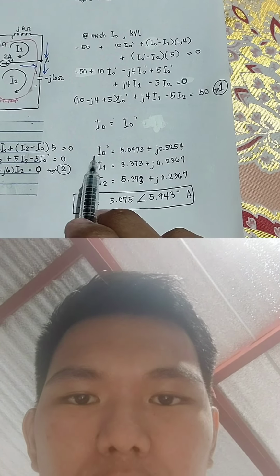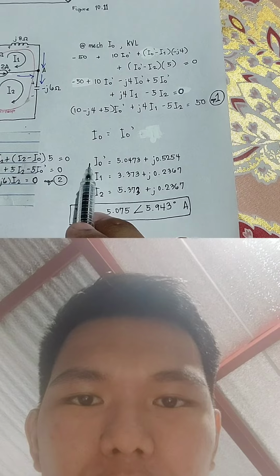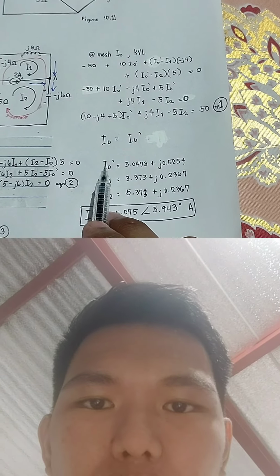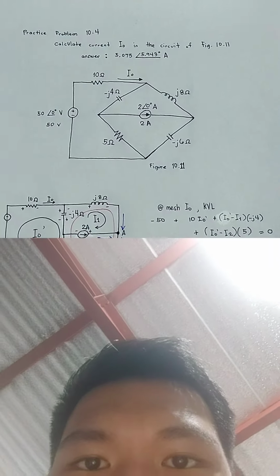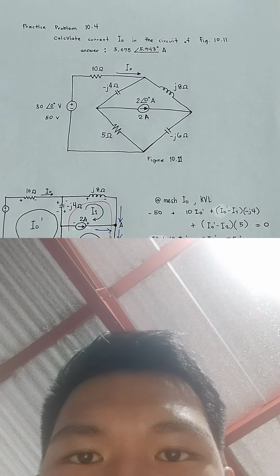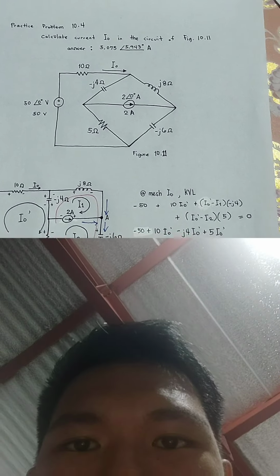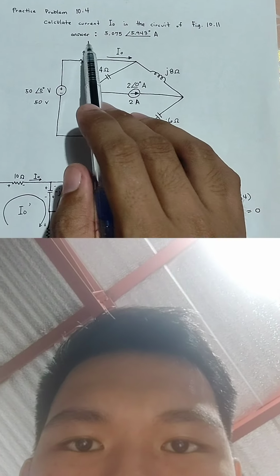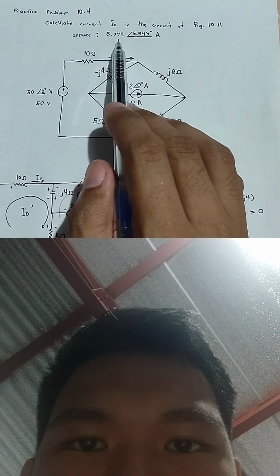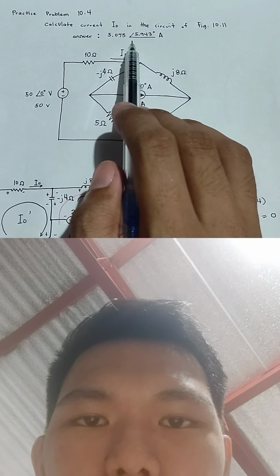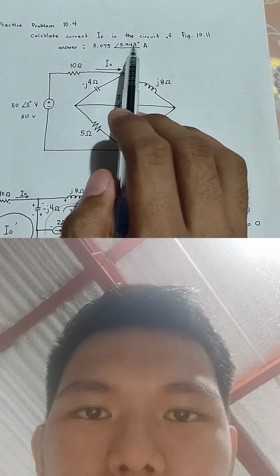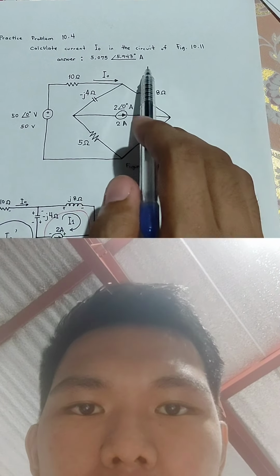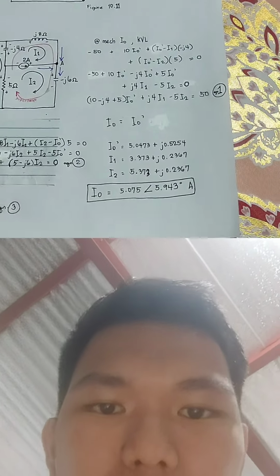We only get the x variable because it is the value of our Io. And the problem here is to calculate only the current Io in the circuit, and our expected answer is 5.075 ∠ 5.943 degrees ampere, which is the same.